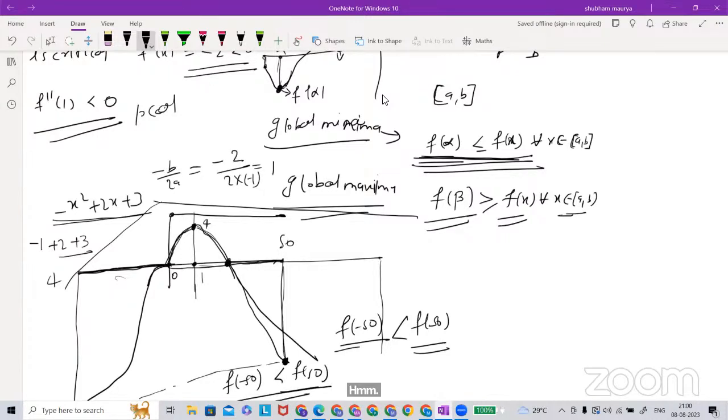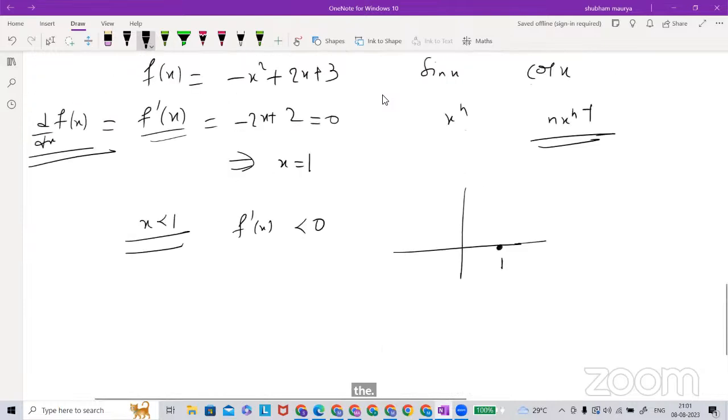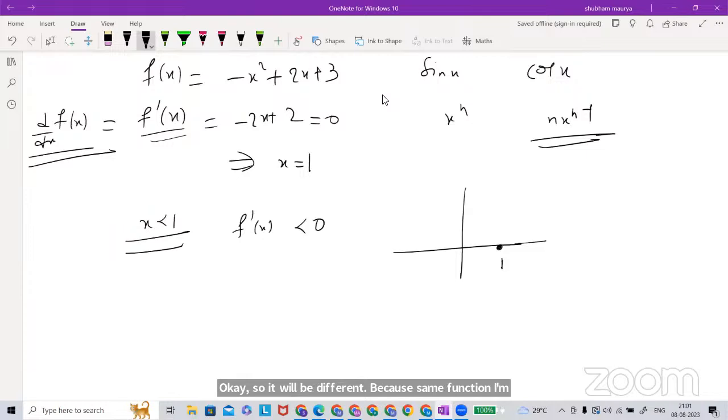So at 0 it is going to be 3 here. I just roughly drew this graph for convenience, so it will be a different graph because I am taking the same function. So when x is lesser than 1, the function is decreasing. So it will be like this.